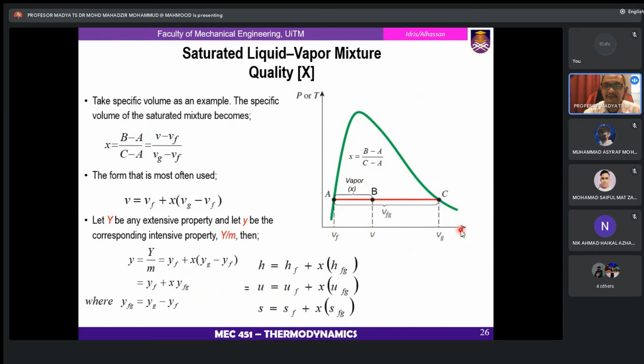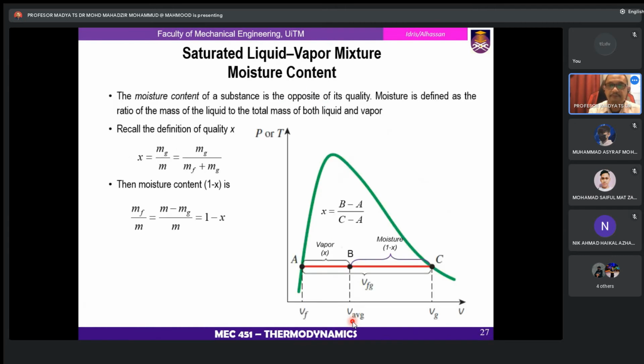Also, if it is based on specific internal energy, then u is equal to uf plus X ufg, and so on, for example for entropy. That is how we find the properties using quality, and how much percent of vapor there is in the mixture region.